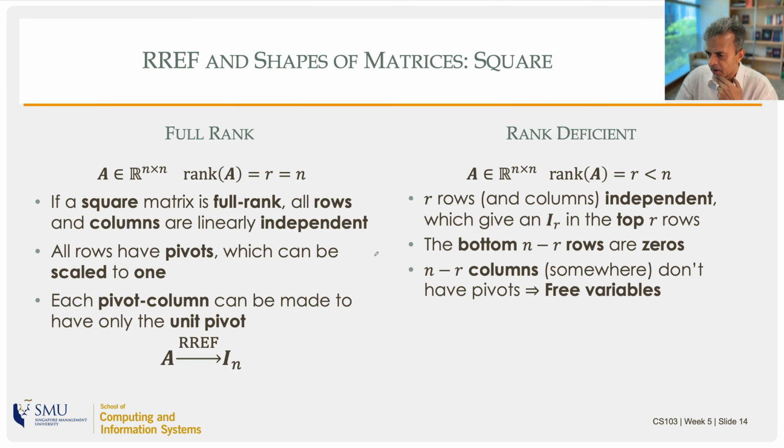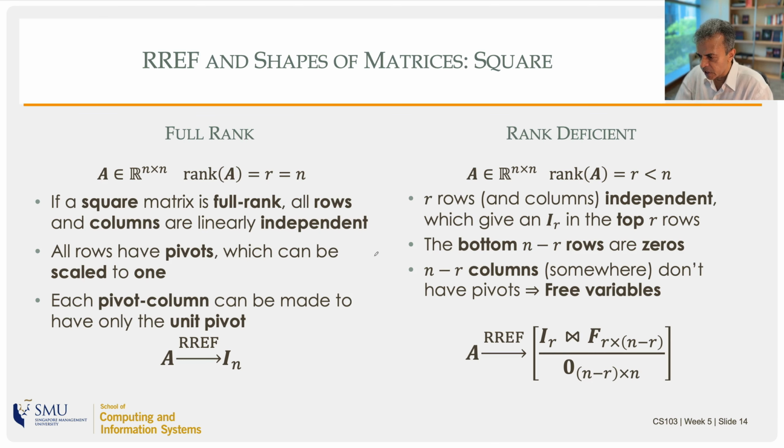So there will be n minus R columns in the matrix that don't have pivots. Those will correspond to free variables, and if the system is consistent, you will have an infinity of solutions. So the RREF will look like an identity matrix and some free variable columns, but they may not be cleanly separated. It's not like the identity matrix will be in the top left and the free variables to the right of it.